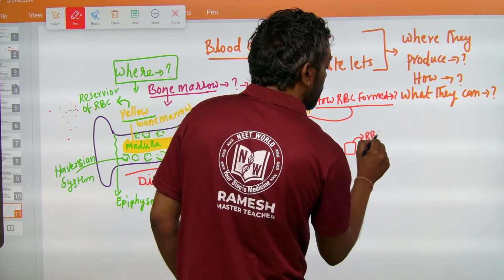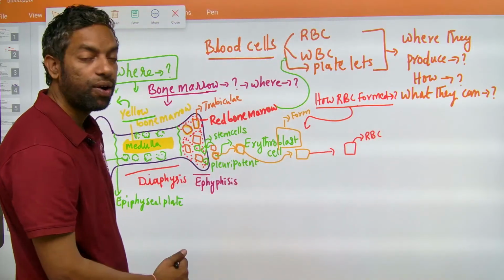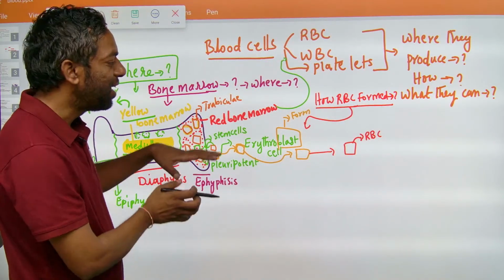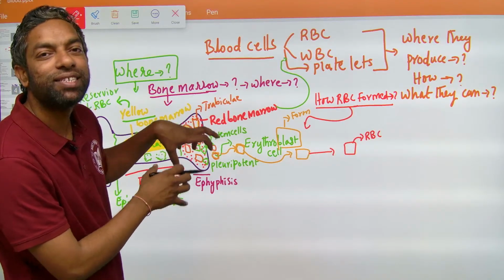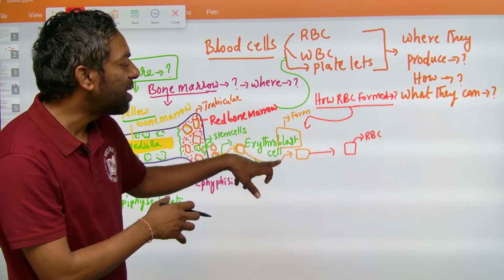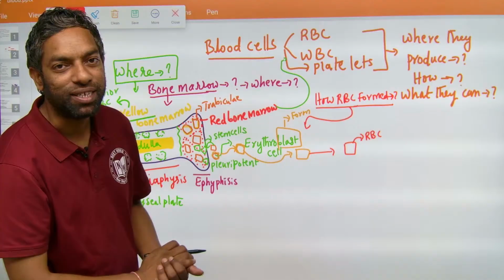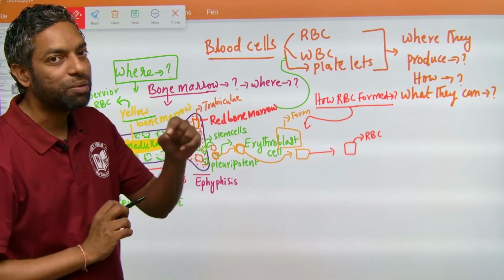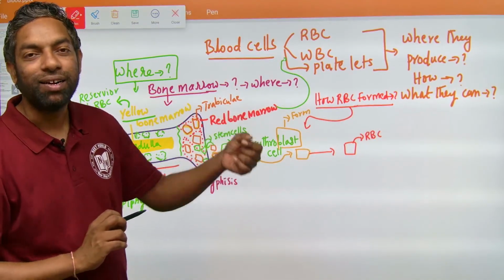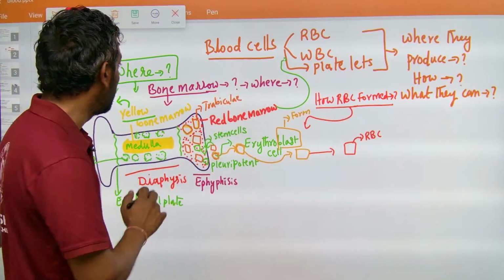How? There is a chemical involved in turning erythroblast cells into RBC. That chemical, produced by the kidney, is erythropoietin.